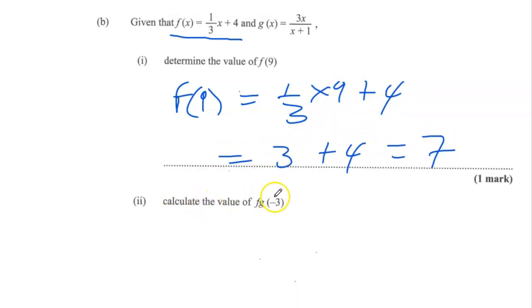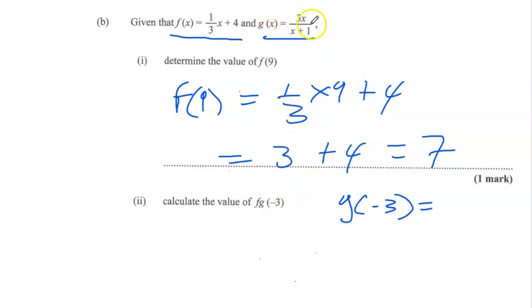Calculate the value of fg of minus 3. So fg of minus 3. Let's first calculate g of minus 3. To get the value of g of minus 3, we can replace x with minus 3 in the function g here.